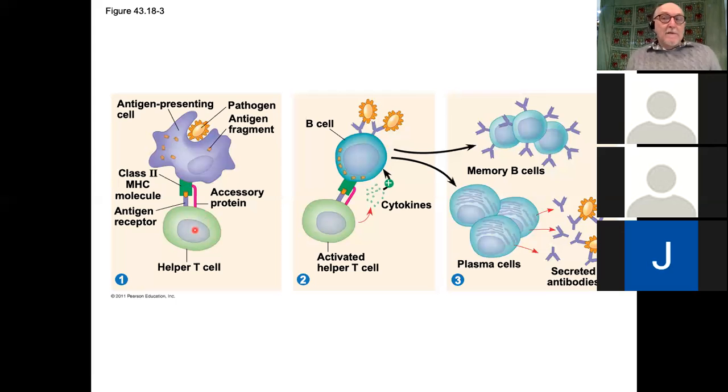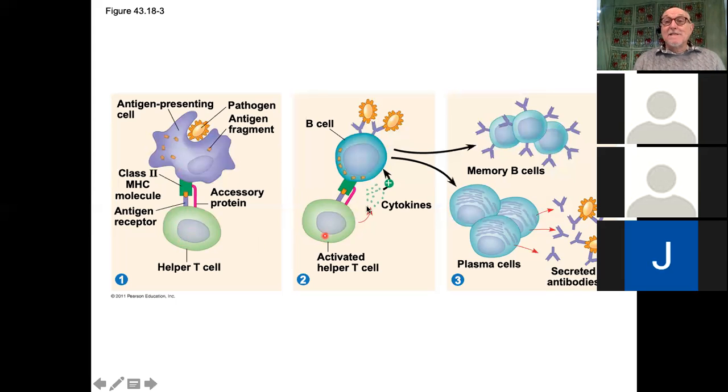When the dendritic cell enters the lymph node, it sends out messages to all of the T cells in the lymph node, and the T cells cluster around and attempt to bind like this. But unless they have the exactly matching receptor, they can't bind. Those that can bind are activated.